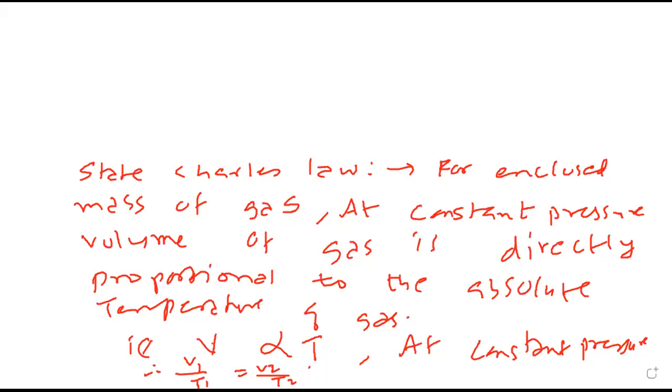For enclosed mass of ideal gas, that word ideal I didn't put by mistake, ideal gas, at constant pressure, volume of gas is directly proportional to the absolute temperature of gas.